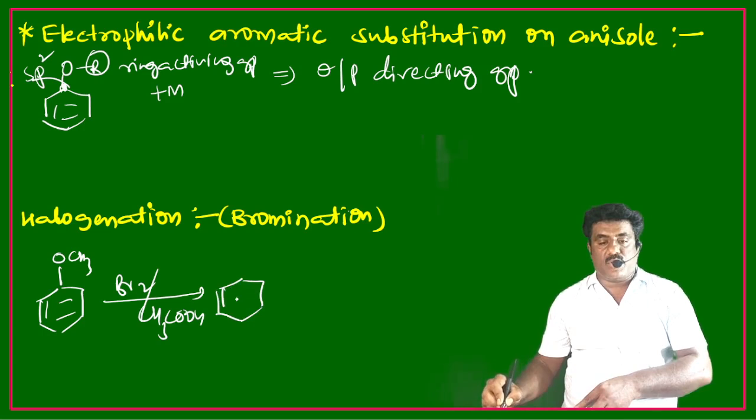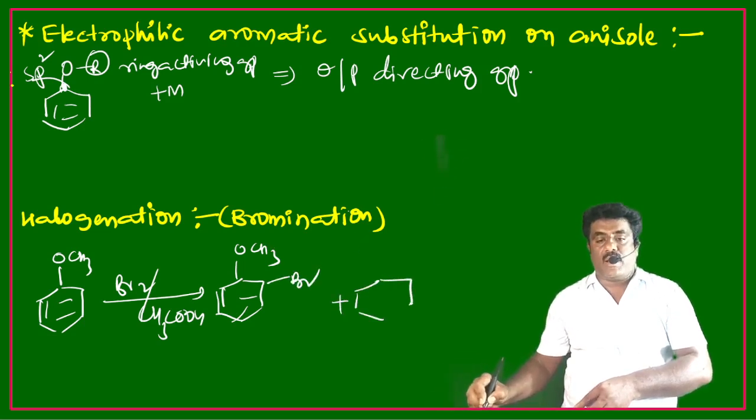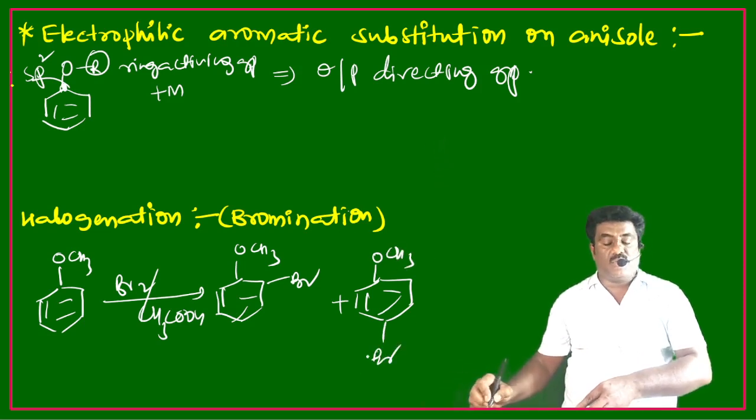This is the product: ortho-bromo anisole and para-bromo anisole. Which is major? Para-bromo is the major and ortho-bromo is the minor.